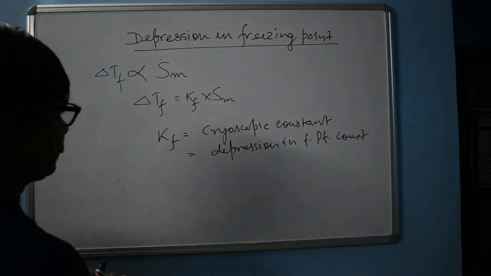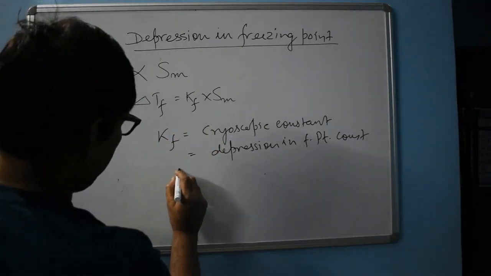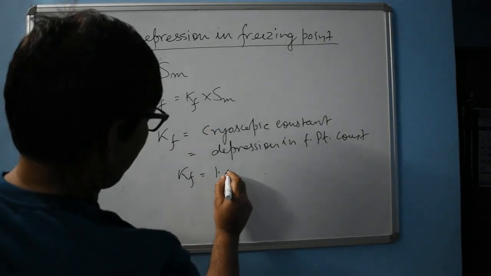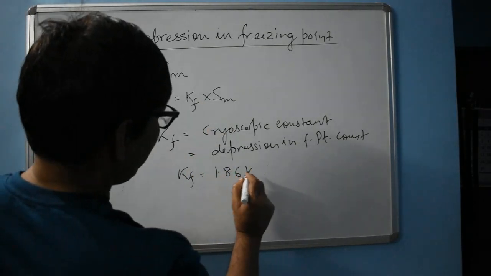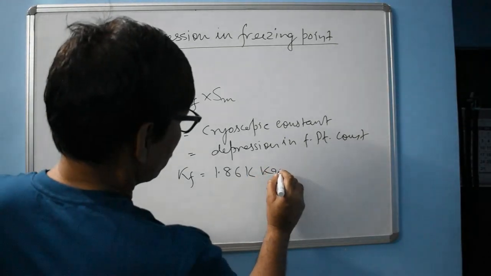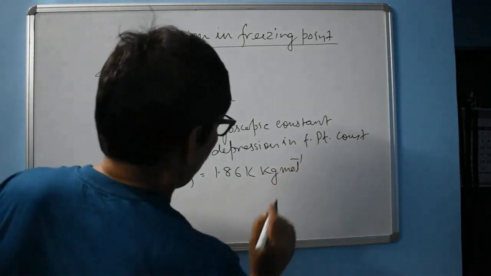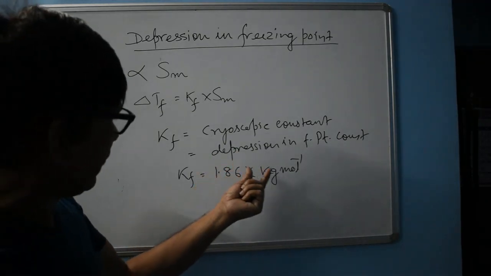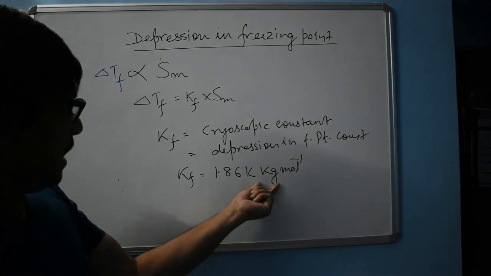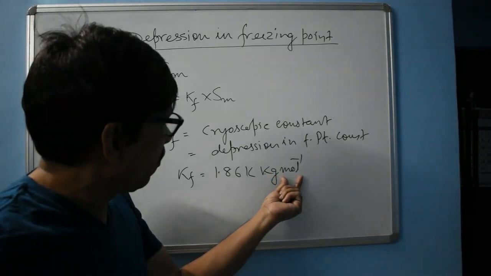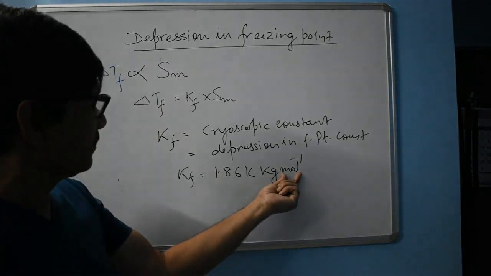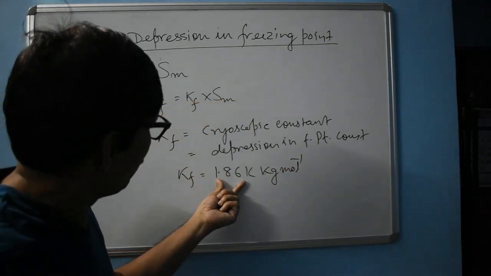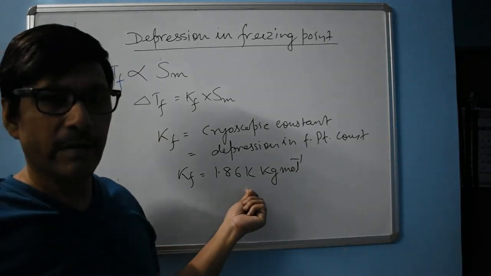For example, Kf for water is 1.86 Kelvin kg per mole. Now what does it mean? It means if we take 1 kg of water and in that we add 1 mole of any non-volatile solute, then the freezing point of water will decrease by 1.86 Kelvin.